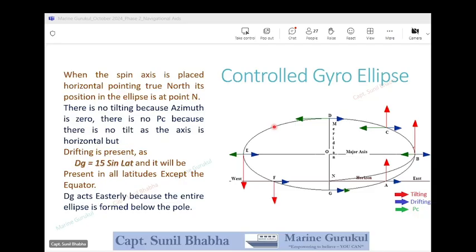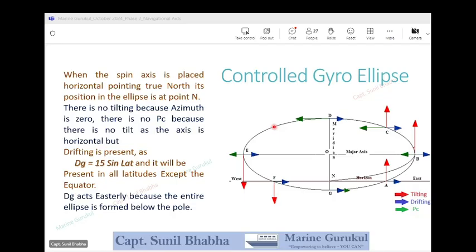It will never go back to N now. It will keep on following the elliptical path. We started from N because we kept our spin axis on the horizon and in the meridian. That is where we want it. But after you leave it, it now follows the elliptical path. It is not going to come back to N now. Okay, sir.